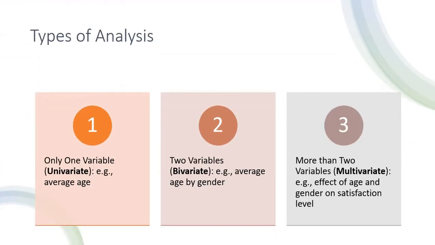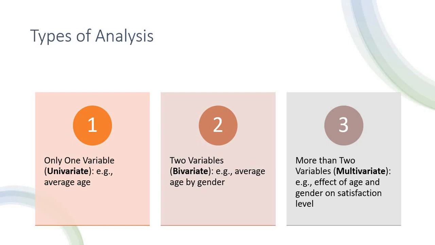Another way of looking at it is from the point of view of the analysis you can perform. You can either choose one variable at a time for analysis, for example, the average age of students in your sample or in the population. Or you can analyze two variables together.